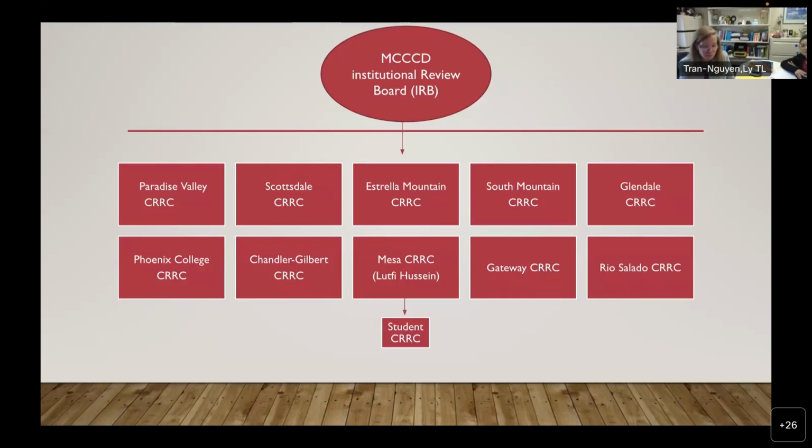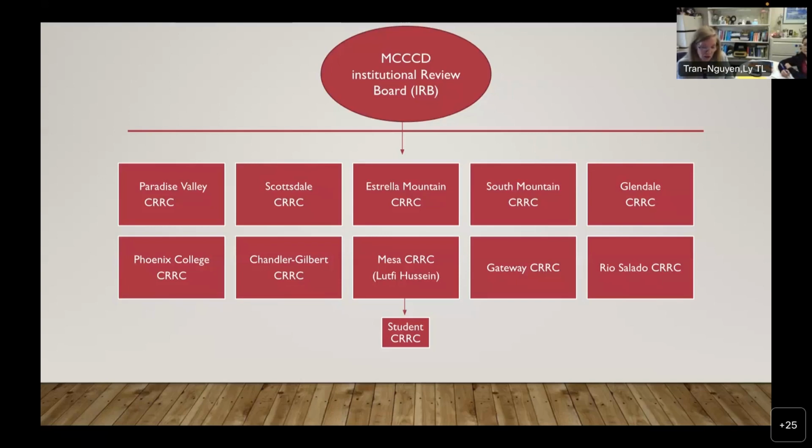And then each college, as you can see, has its own subsidiary branch, which is called the CRRC, or the College Research Review Committee. And the chair of each CRRC is also a member of the IRB. And they review all of their own student projects on their own campuses. External researchers and faculty make their applications directly to the district.